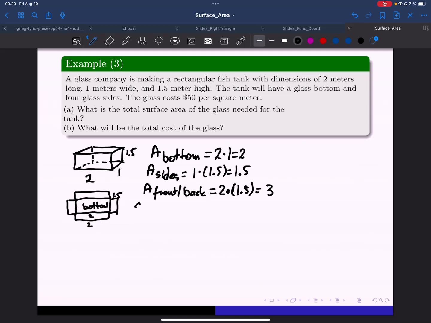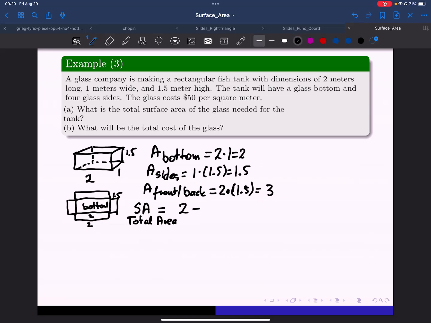So the total area, or the surface area, we need to add, we have only one bottom, and then 2 sides, so we're gonna multiply this times 2, and then we have front and back, so we need to multiply this times 2 as well.